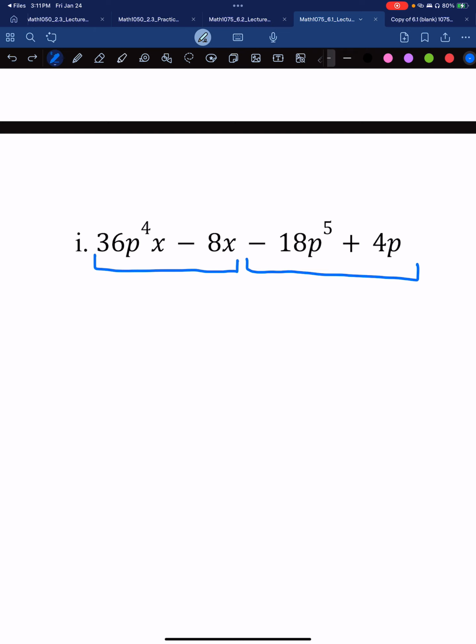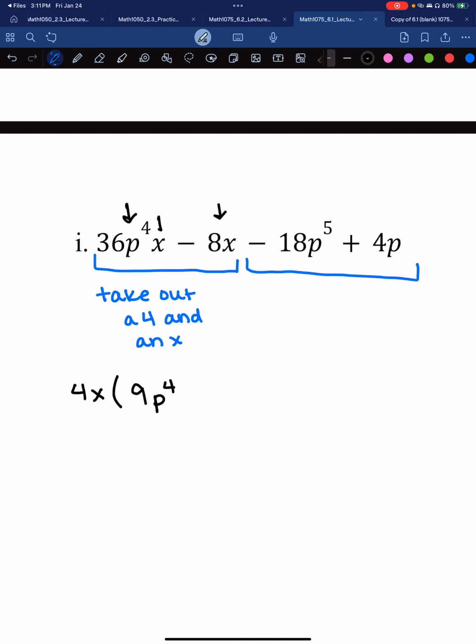So if we take out a 4 and an x, so we have 4x, which means we're going to divide this first term by 4x and divide this 8x by 4x as well. So 36 divided by 4 is 9. We didn't take out this p to the 4 term, so it stays.